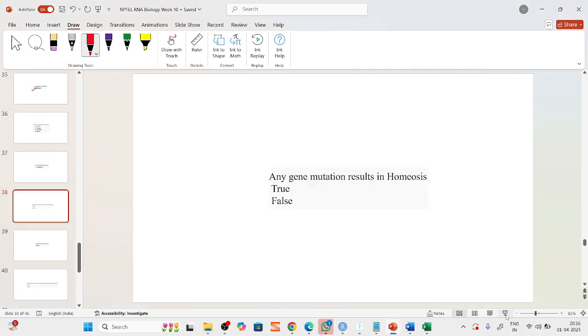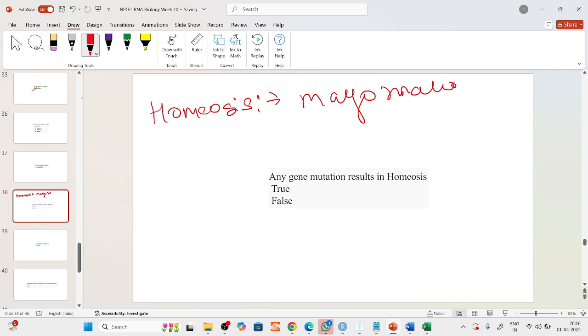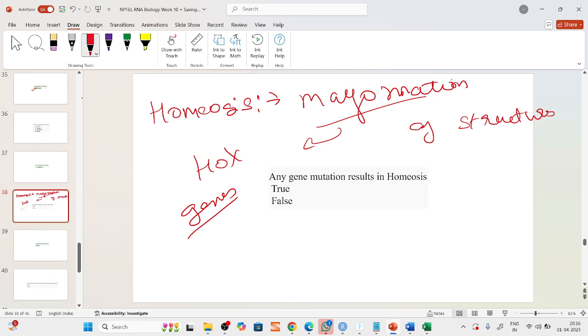So the answer would be false. Why? Because homeosis is a phenomenon which results in the formation of malformed structures. There is malformation of structures, which is caused because there is a mutation in the Hox gene, in the Hox clusters.